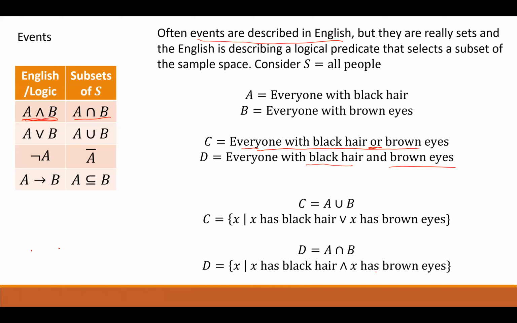All right, so these are Boolean operators, and in some sense, I take an element, I plug it in, and this returns either true or false. X either has black hair or does not have black hair. X has brown eyes or does not have brown eyes, and then I just take the conjunction of those. Okay.